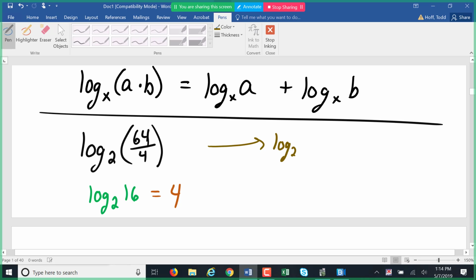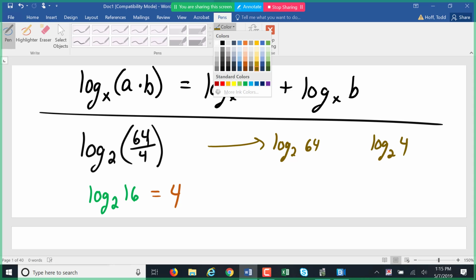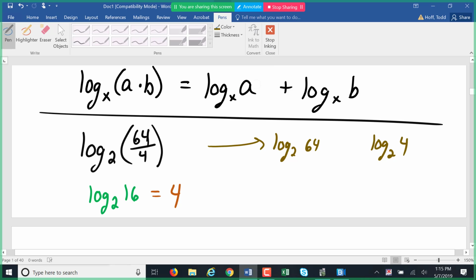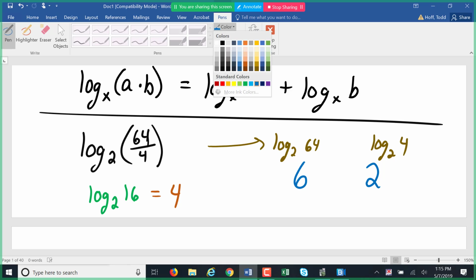But what if I do log base 2 of 64 and log base 2 of 4? What's log base 2 of 64? Yes, 6. 2 to the power of 6 is 64. Log base 2 of 4, of course, is 2.